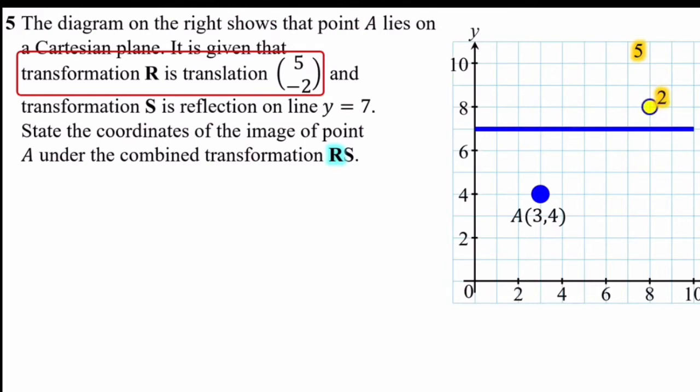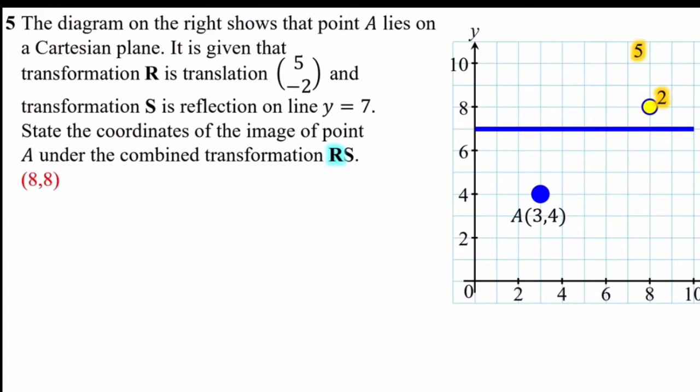Okay, so that is the final image. The coordinate x is 8, coordinate y is 8. So the coordinates of the image of point A under combined transformation RS is (8, 8).